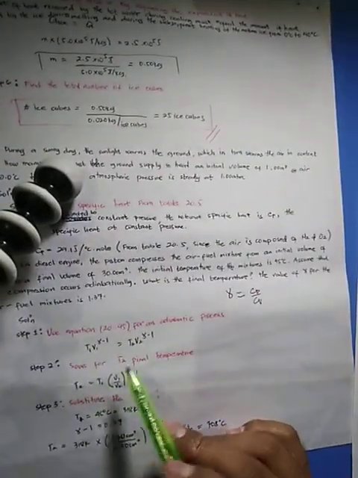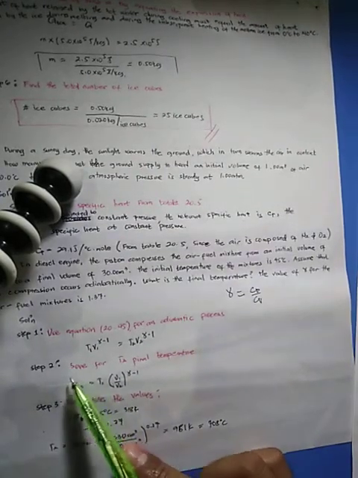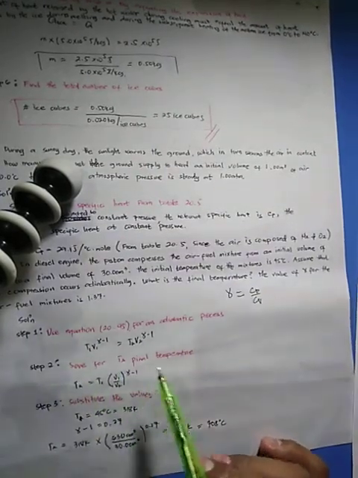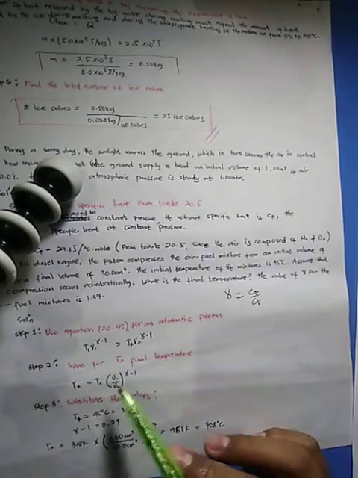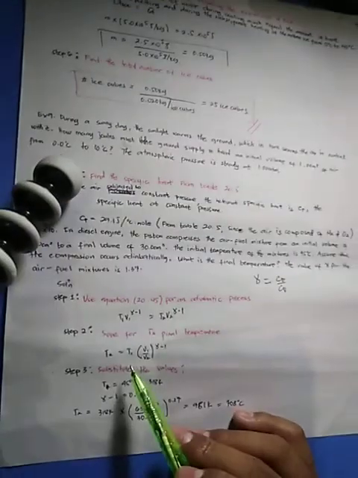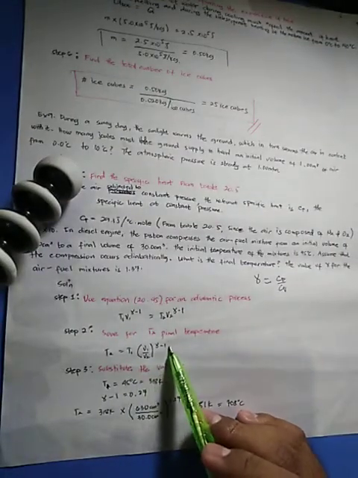That is what we call the adiabatic process. By using that, we can find the final temperature. Step number 2, solve for T2, the final temperature. T2 equals T1 multiplied by V1 over V2 raised to the power of alpha minus 1.